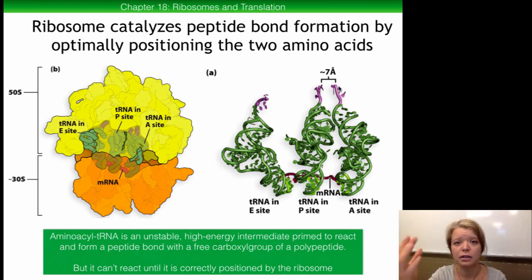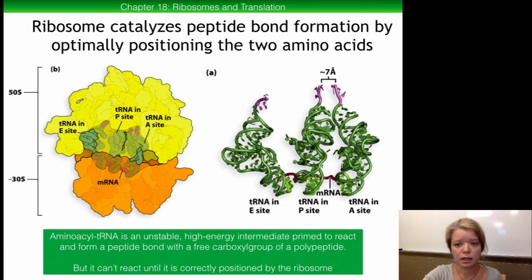They're only 7 angstroms apart, and because both amino acids, not pictured here, have already been activated and are now aminoacyl in this position, they're very eager to react with each other because they have been placed very close together. So electron exchange can occur and a peptide bond can be formed.